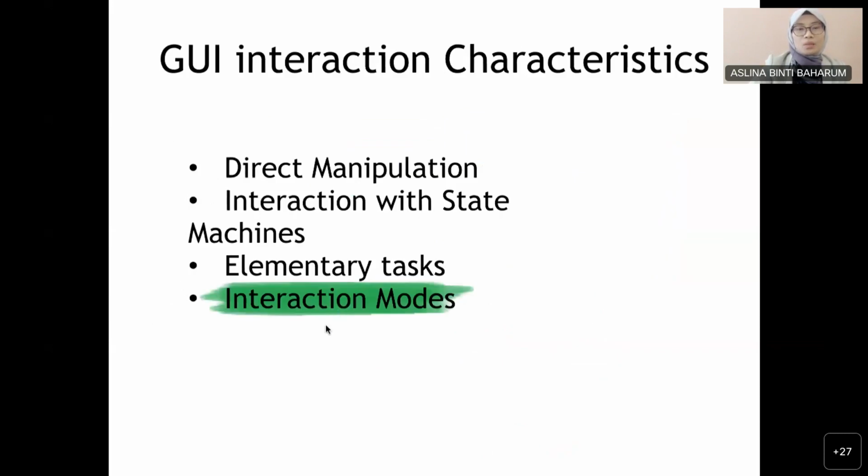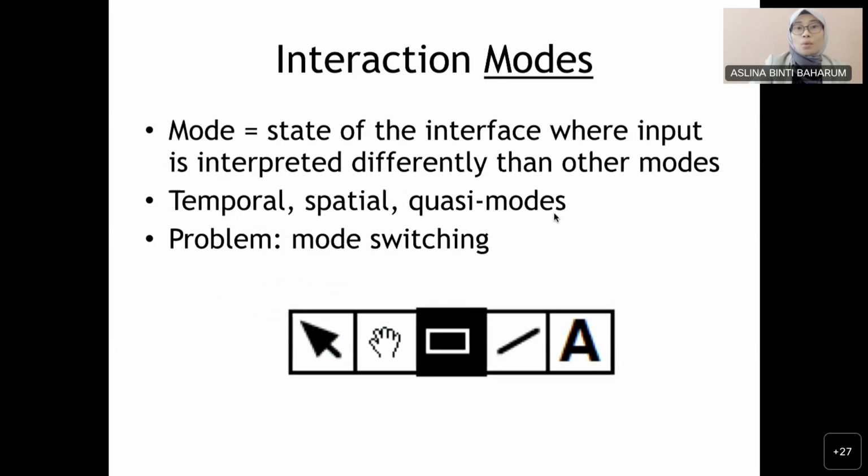The last one is interaction mode. Like you see on my screen now, I'm using a red dot for my mouse. Interaction mode is a state of the interface where input is interpreted differently than in other modes. Sometimes you can change.